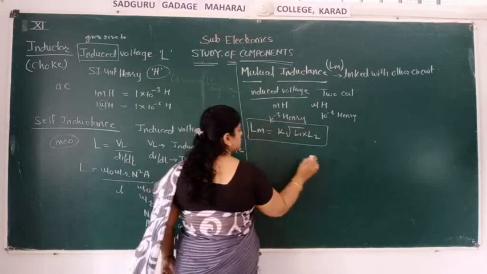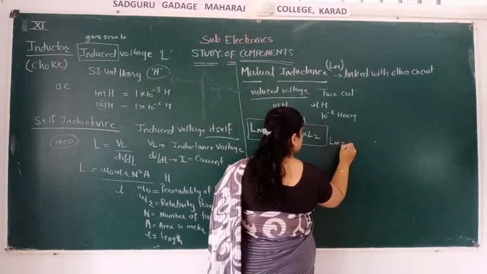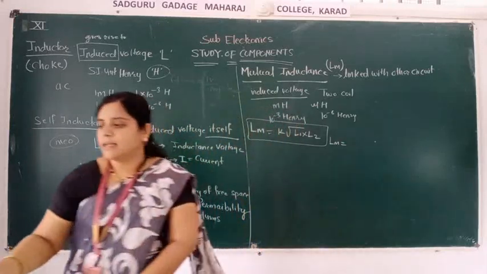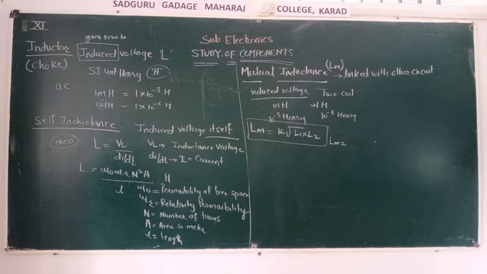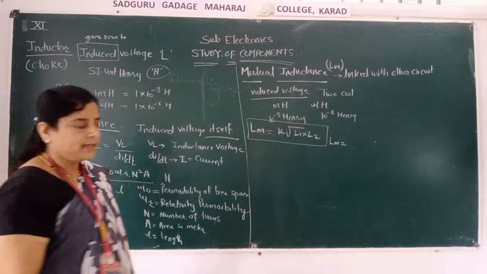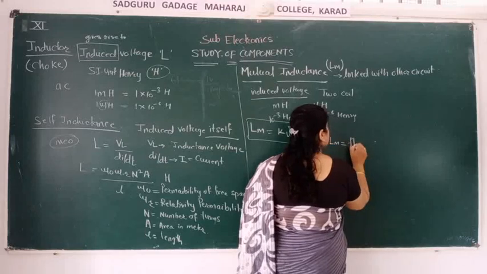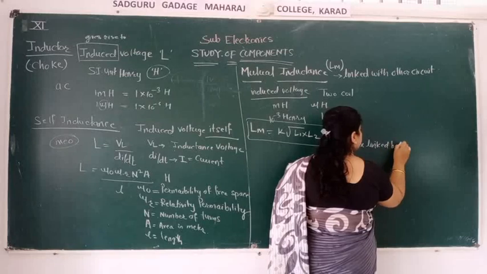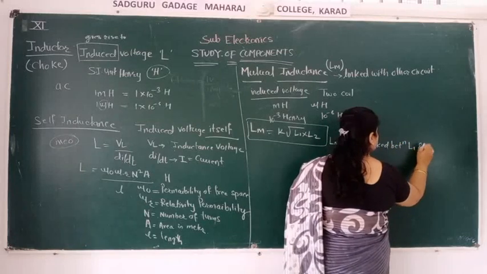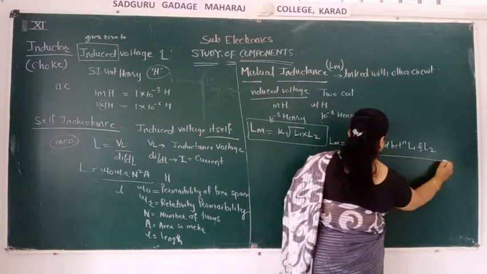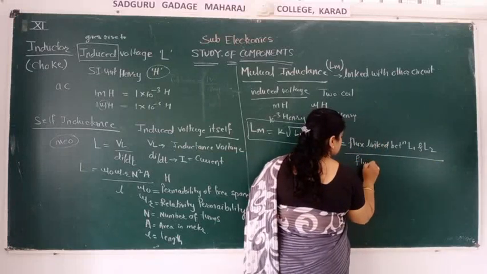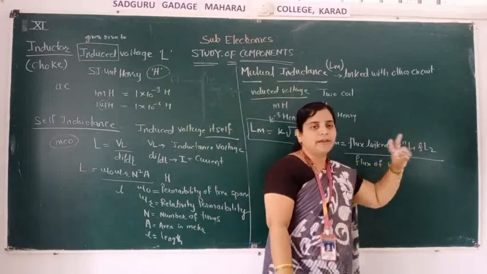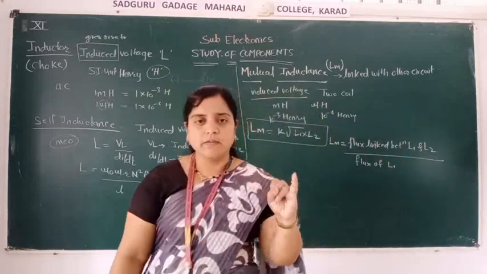This Lm can also be written as the flux linked between L1 and L2 divided by the flux of L1. It requires two inductors, L1 and L2.